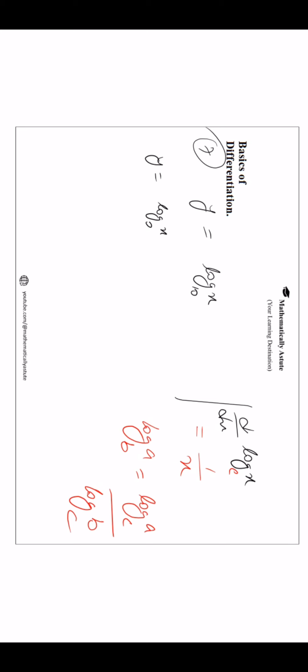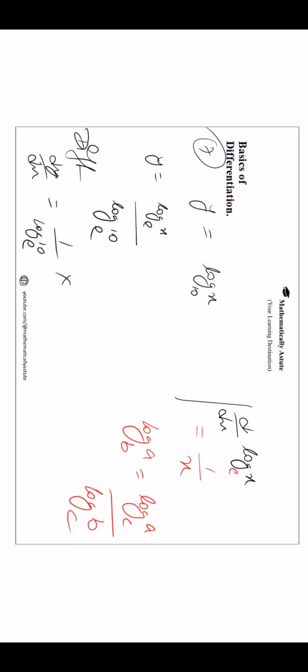Let's say log x to the base e divided by log 10 to the base e. Now differentiating with respect to x, dy by dx, as 1 by log 10 to the base e is constant, multiply by the derivative of log x to the base e, which is 1 by x. So this is our required answer.